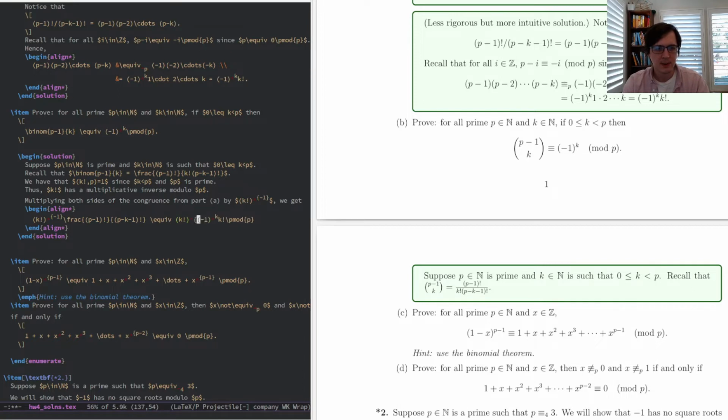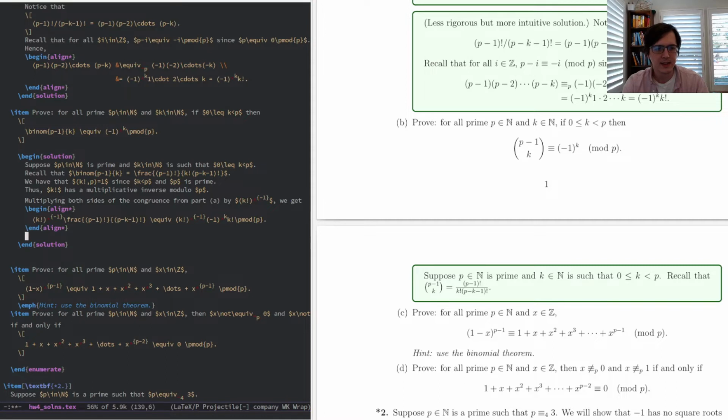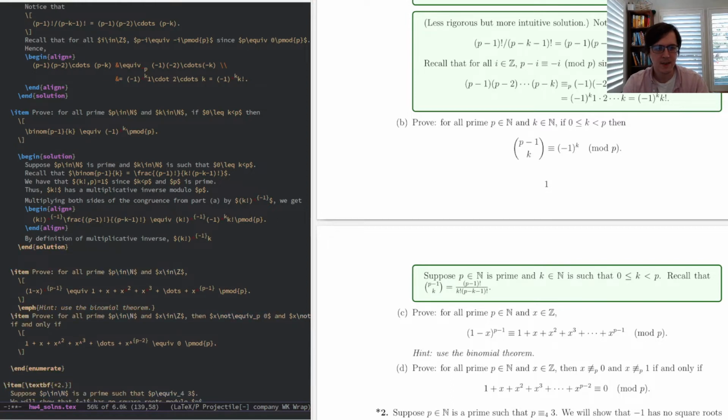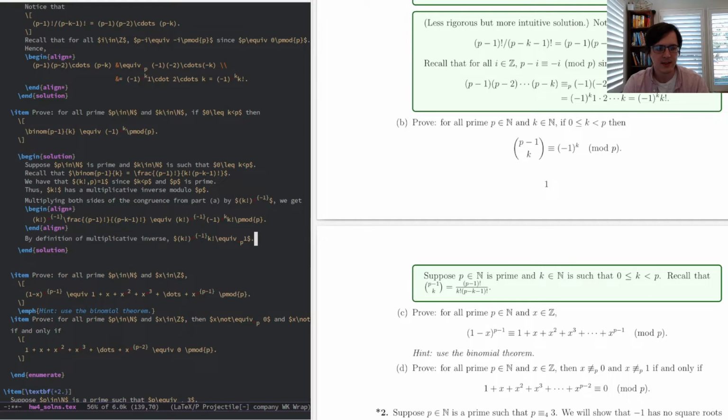K factorial to the minus 1. Okay, now, by definition of multiplicative inverse, k factorial to the minus 1 times k factorial is congruent to 1.